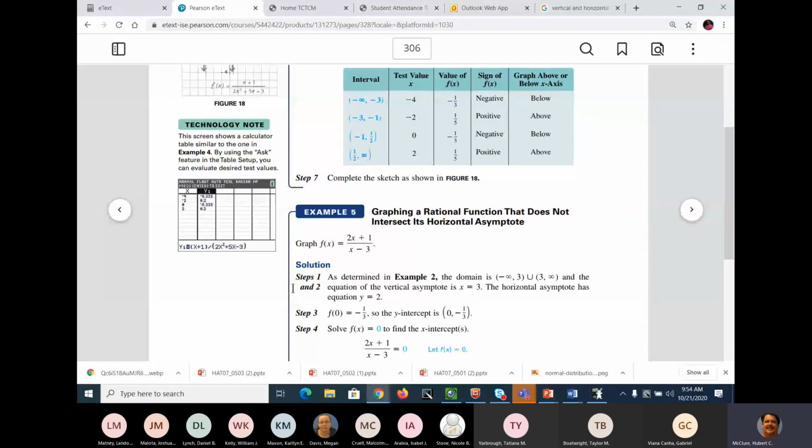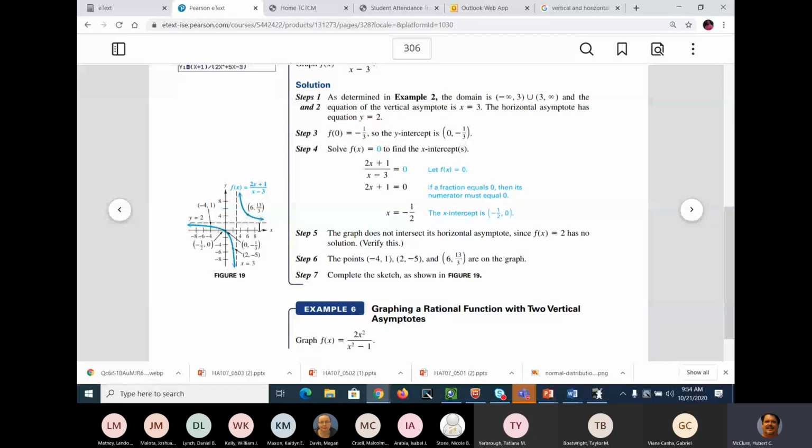There it is. I've got the wrong intercepts. -1/2. Oh, -1/3. Sorry. And it looks like that. And up here will be going like this.